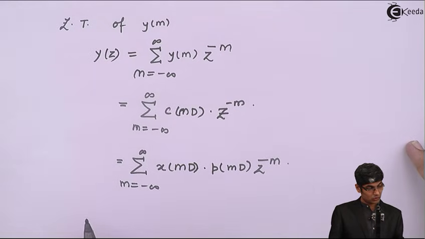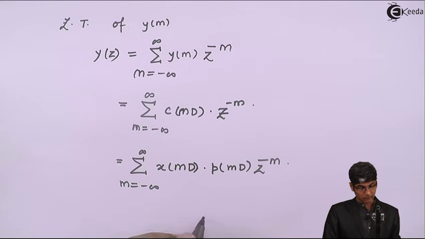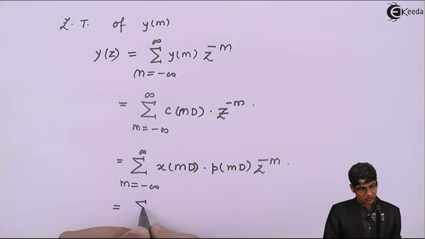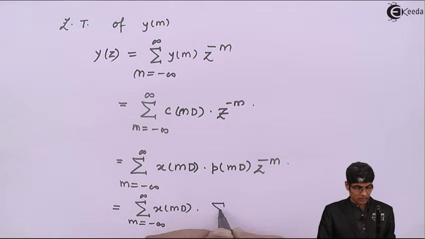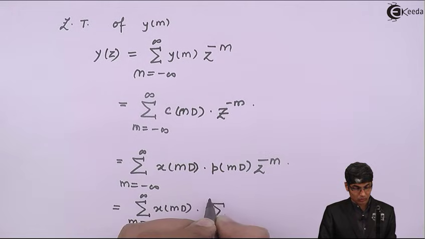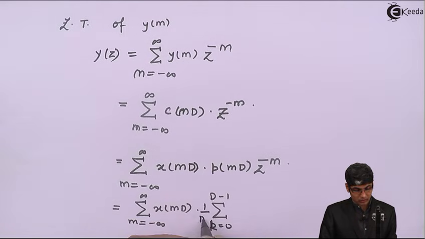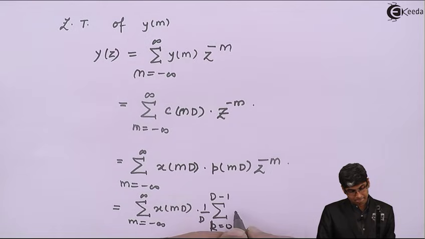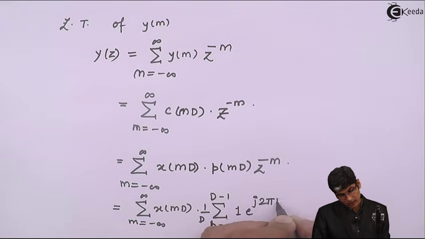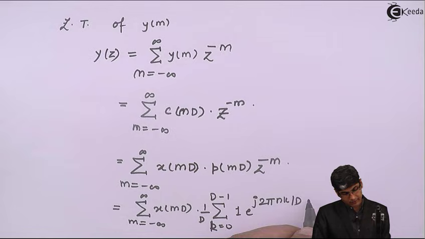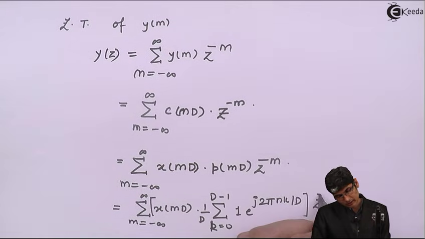Now what I'll do is I'll write like this. P of md, according to the definition which we started, can be written as summation k going from 0 to d minus 1 with a 1 by d over here, e raised to j 2 pi nk by d, and the whole thing is multiplied by z raised to minus m.